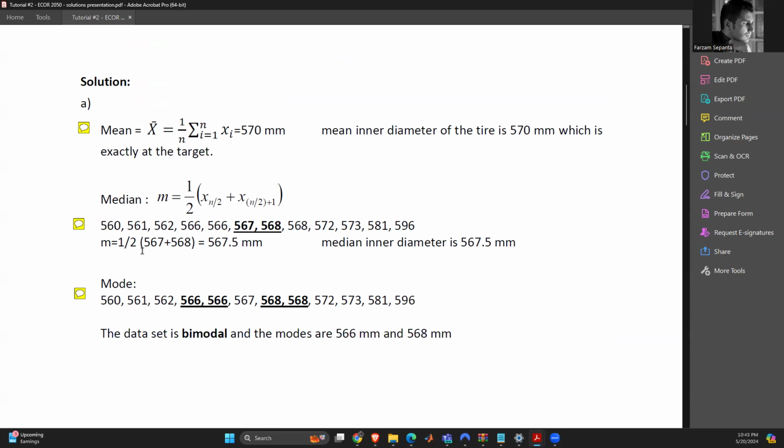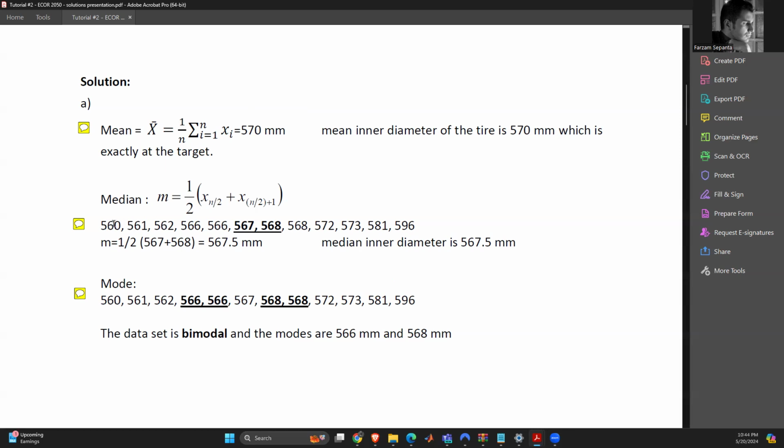For median, it's very important that you set the data up properly, and that means arranging it in ascending order. You need to find a middle value. If the total number of values is even, you will average the two middle values.